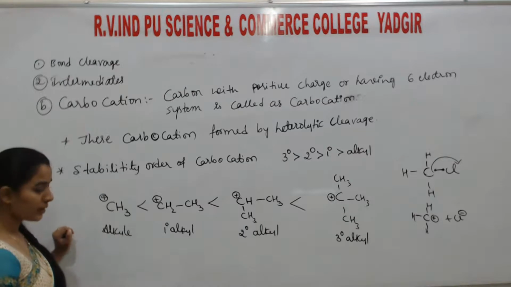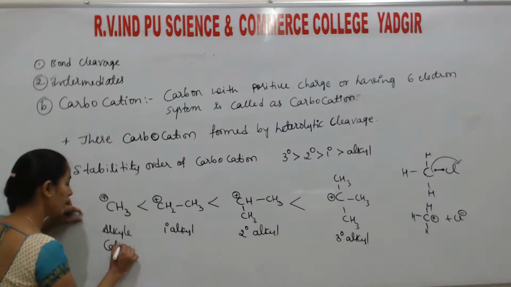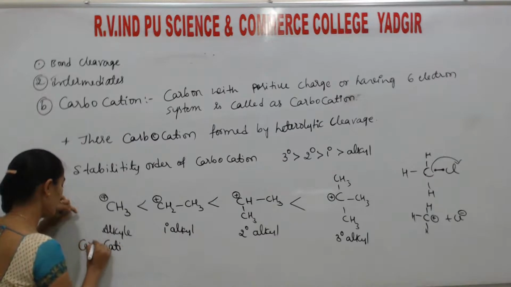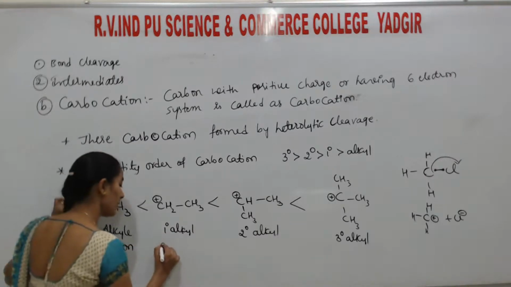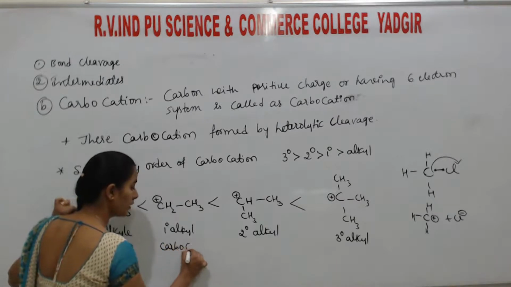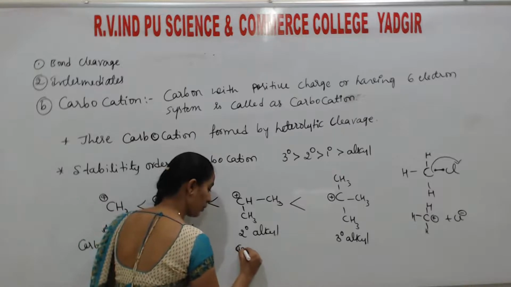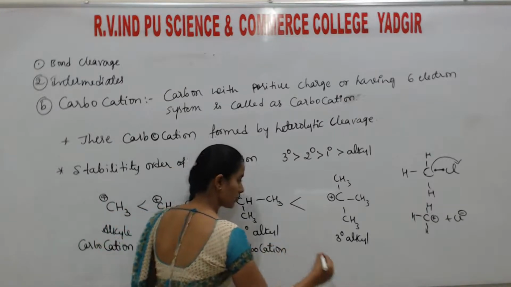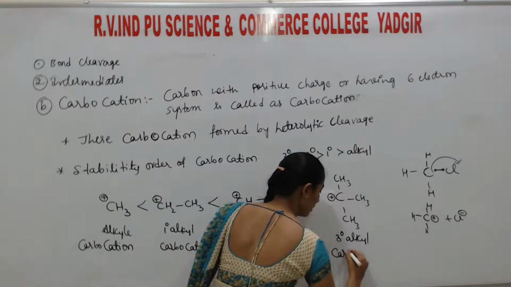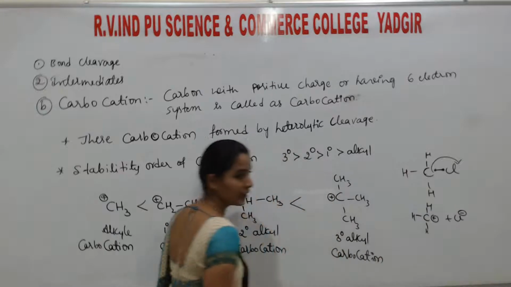So now this can be written as alkyl carbocation. This one is primary alkyl carbocation. Next, secondary alkyl carbocation. Next, tertiary alkyl carbocation.